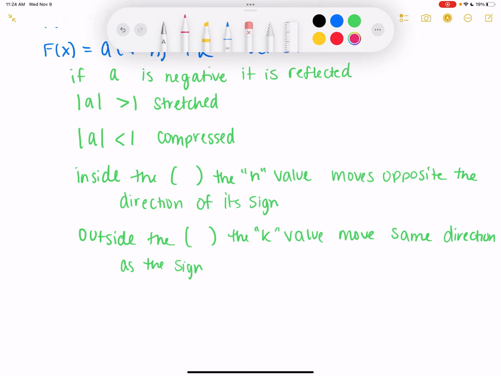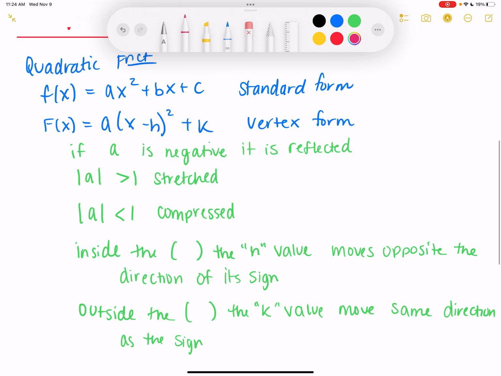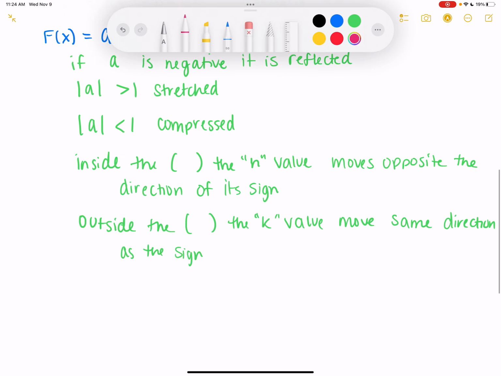So if you're given standard form and they want you to get it in vertex form, or if you just want to find out things about the graph in terms of how to graph it, because without just plugging in points and plotting them, in standard form you probably wouldn't know what that graph looks like. So we need to be able to translate it to vertex form.